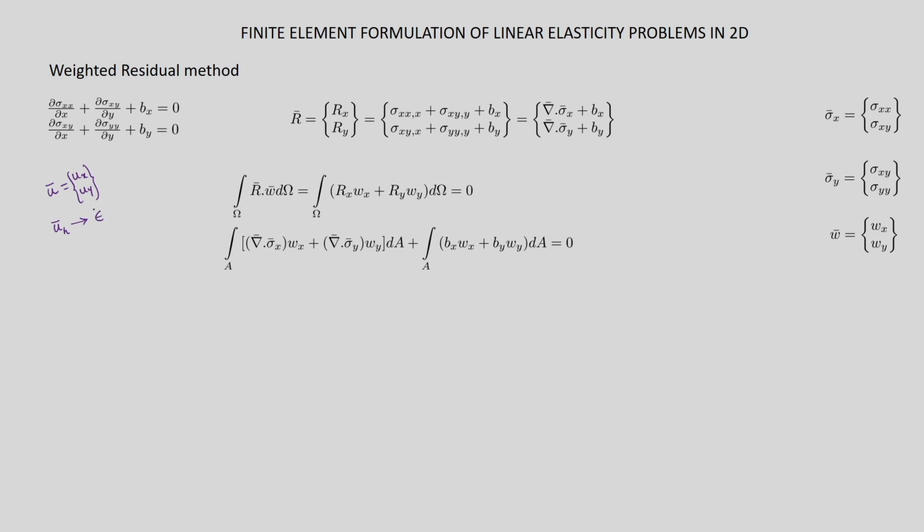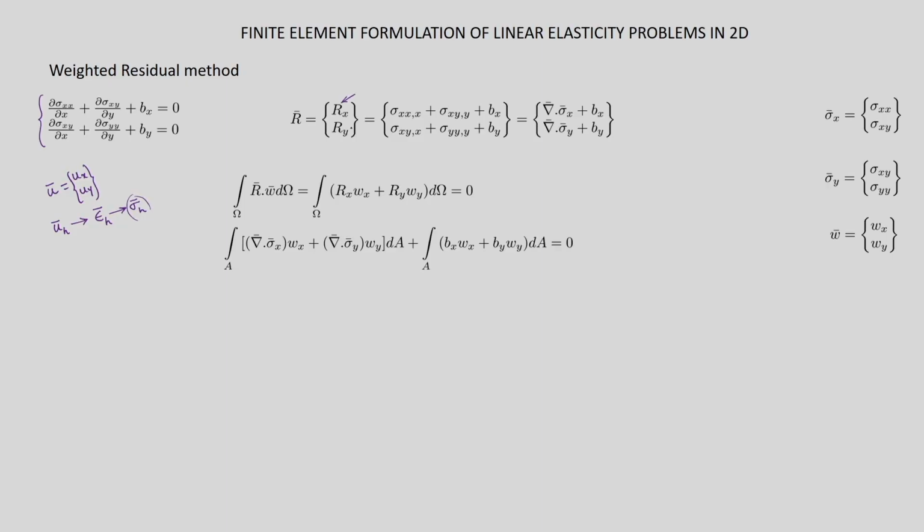Now if we assume a trial function uh and replace it in the strain displacement relation, we will obtain the strain. That is an approximate strain. If we replace it in the constitutive relation, then we will get the approximate stress. Now if we replace this stress component in the governing differential equations, obviously the left hand side will not be equal to 0 at all points in the domain.